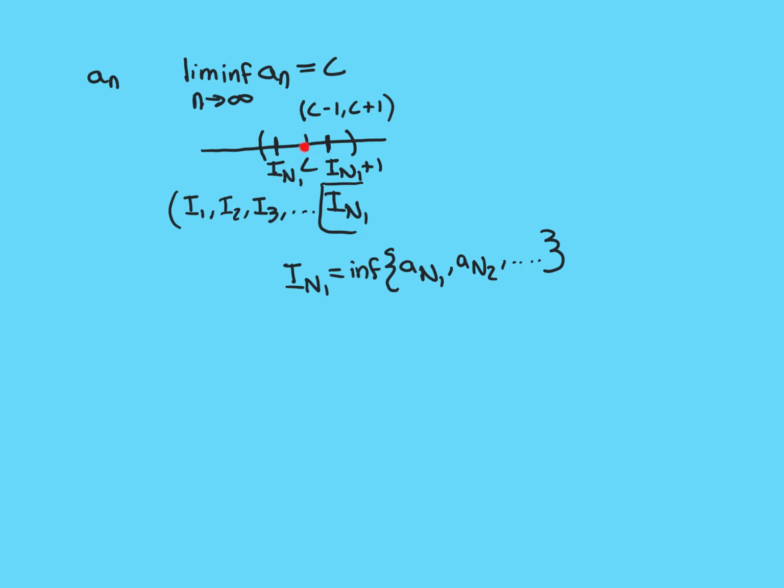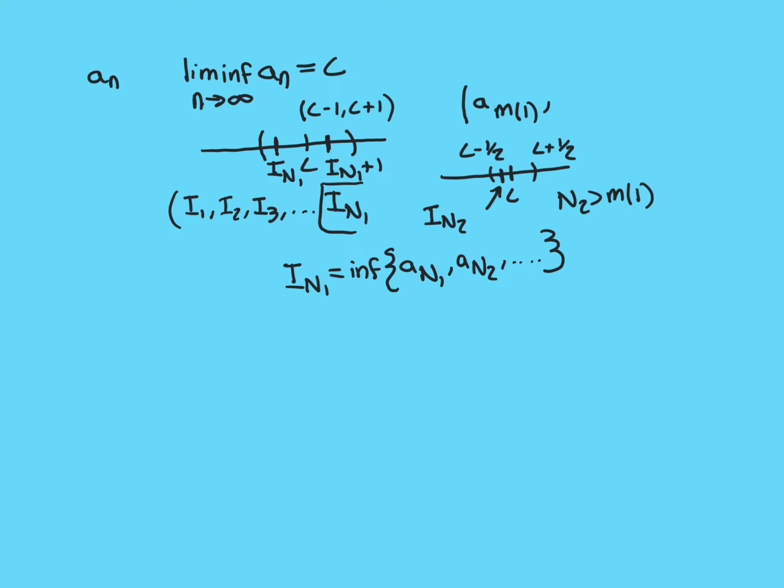So it's strictly less than this, greater than or equal to this, and therefore it will be inside this interval of radius 1 around L. So I will use that term as the first term of my subsequence, and I'll call that a_M1.